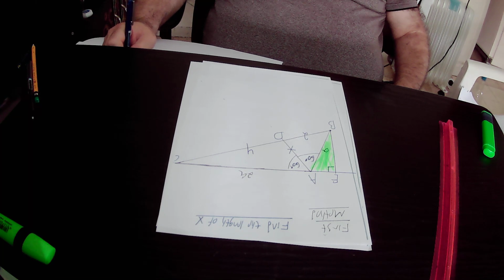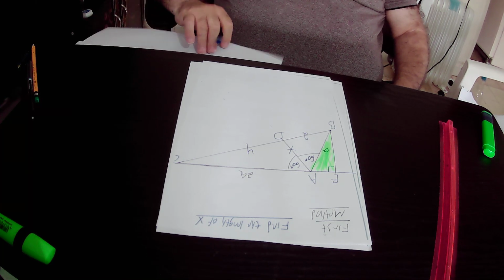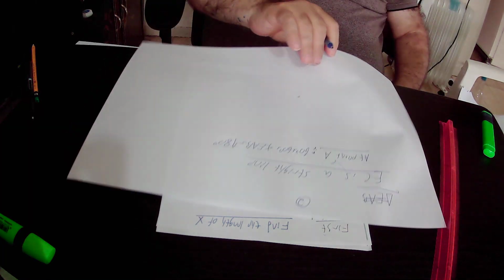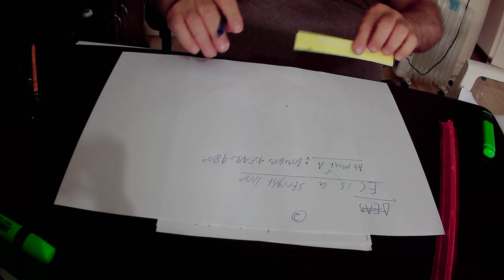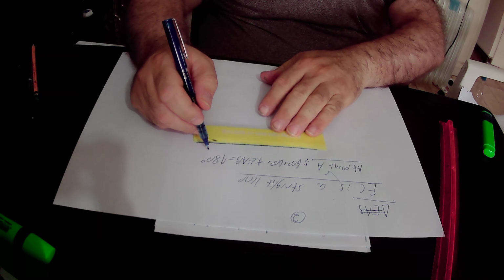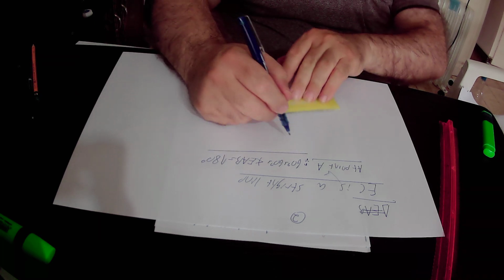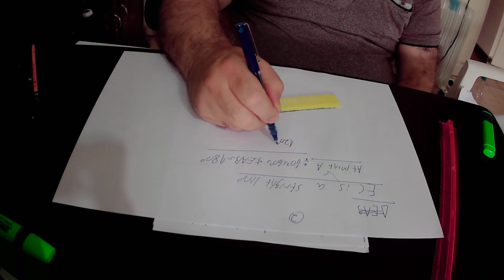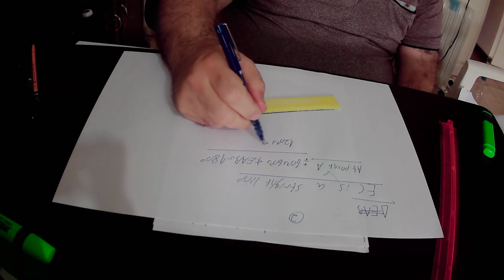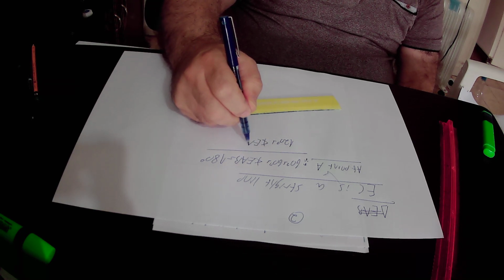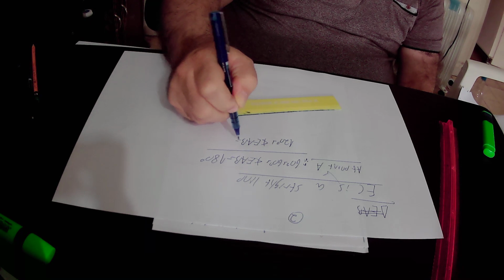In total, the sum of those three angles must be equal to 180 degrees according to the rule that the sum of the angles on one side of the straight line is equal to 180 degrees. Here 60 degrees plus 60 degrees is 120 degrees plus angle EAB. In total, they must be equal to 180 degrees.